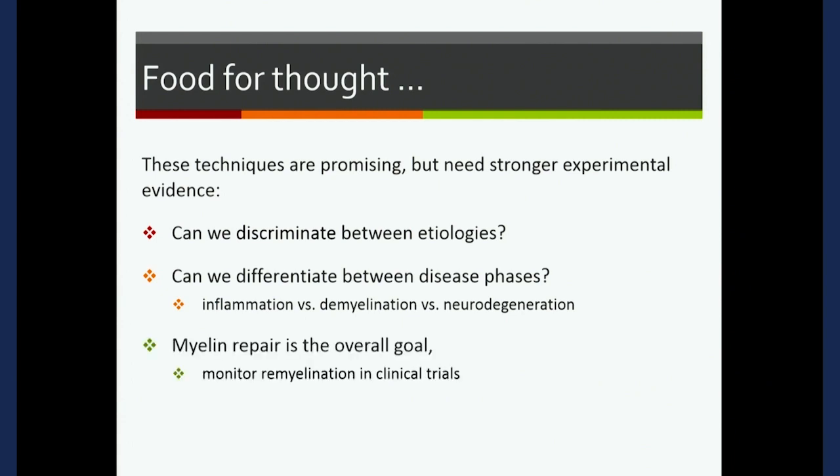And then my favorite is, from what Dr. Greenberg was mentioning earlier, can we use these imaging techniques to monitor remyelination? If our overall goal is myelin repair, can MTR, for example, be a predictor for remyelination?